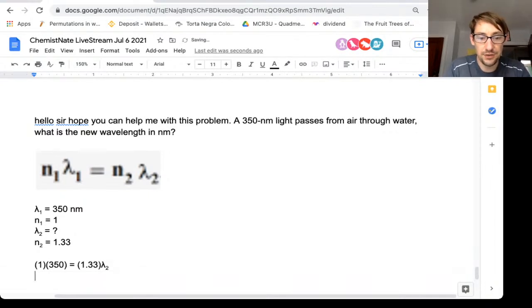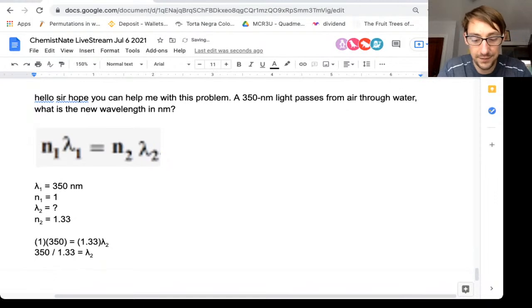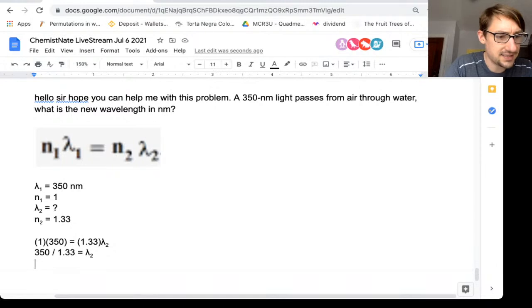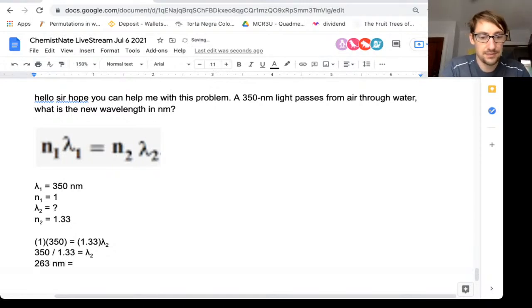To solve for that lambda, you divide both sides by 1.33. On your calculator, 350 divided by 1.33 gives me 263-ish nanometers.